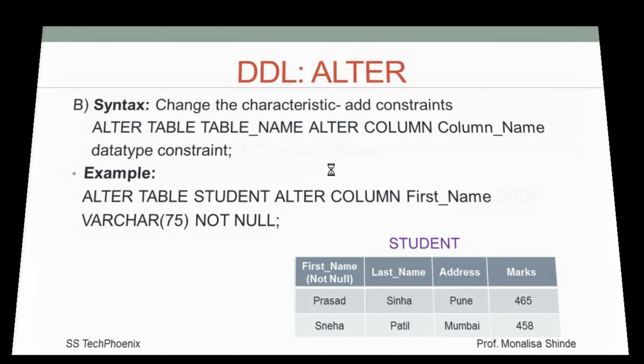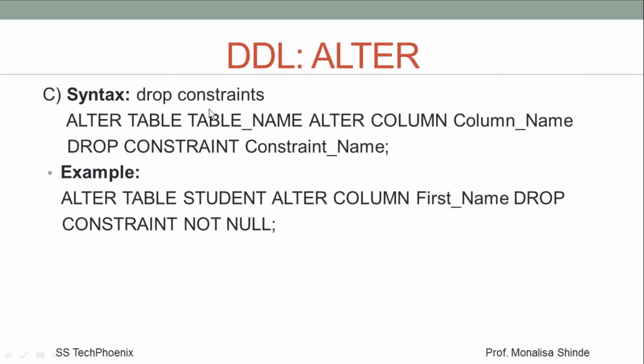We can also use the alter command to drop constraints. The alter table syntax is: alter table, table name, alter column, column name, and then we just have to specify drop constraint and then the constraint name.